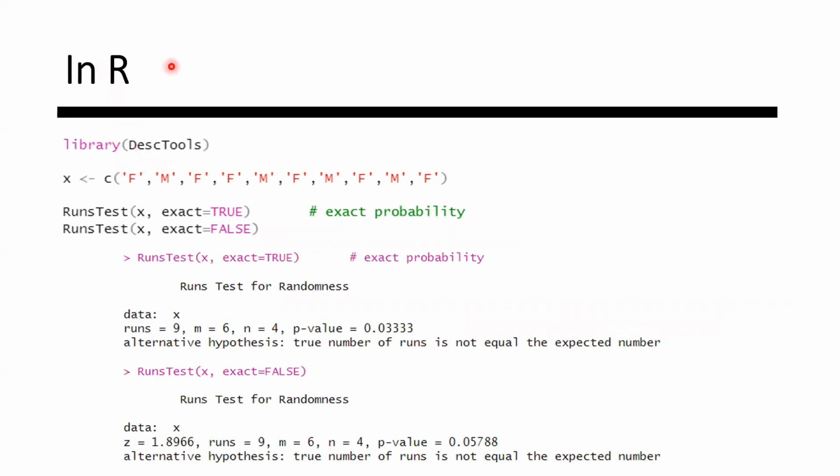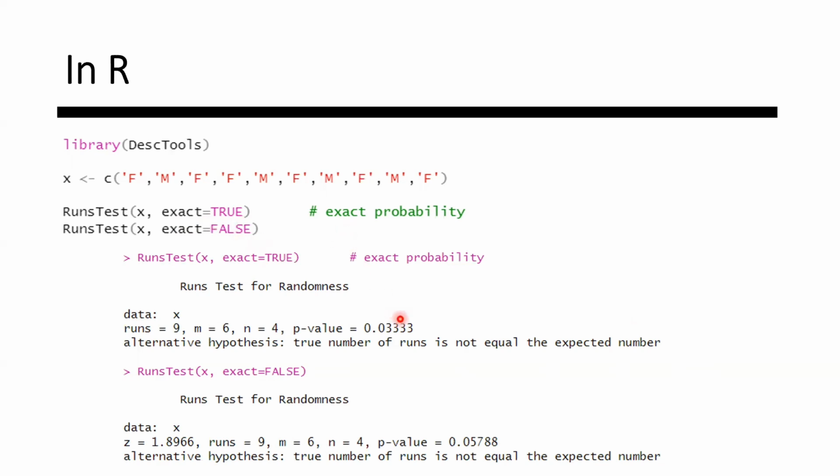In R, we use the library DescTools, and we let X be a vector of these values, and we use the function runs test from the library. We can put exact to true if we want an exact test, and we can make it false if we want a large approximation of it.